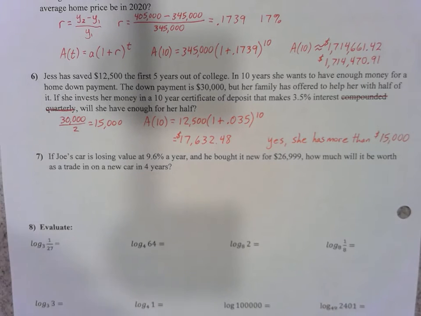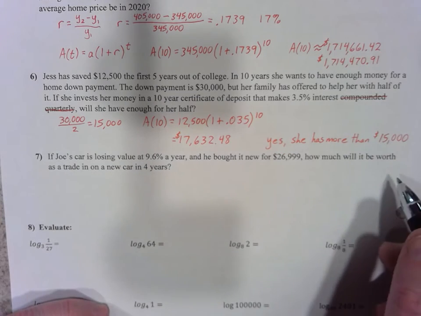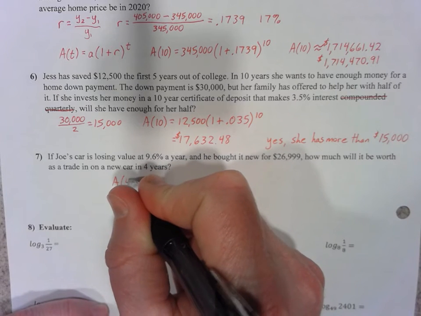Right. Number 7. If Joe's car is losing value at 9.6% a year, and he bought it new for $26,999, how much will it be worth as a trade-in on a new car in 4 years? So what will it be worth? So we're trying to find the amount that is worth 4 years from now.